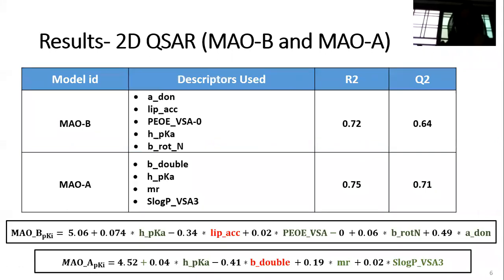As a result, we were able to identify certain descriptors with the statistics of the model being 0.72. That was the correlation coefficient for MAO-B, and Q square 0.64 was the predictive power of the model for MAO-B.